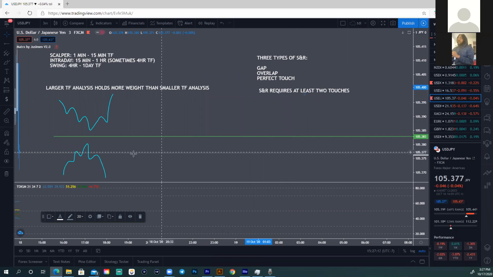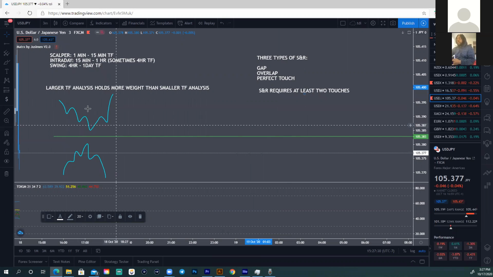So what does that mean? If you're looking for support, that means price has to touch the same price level at least twice before going back to the upside. If you're looking for resistance, this means that price has come up to a certain price level at least twice before continuing to the downside.